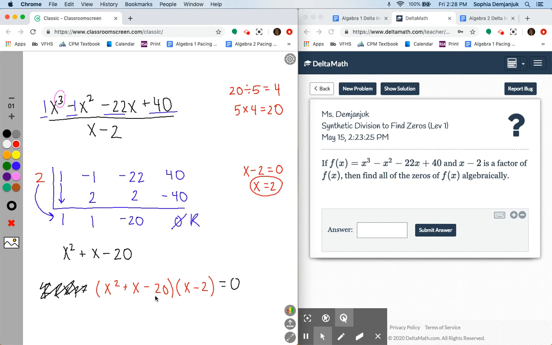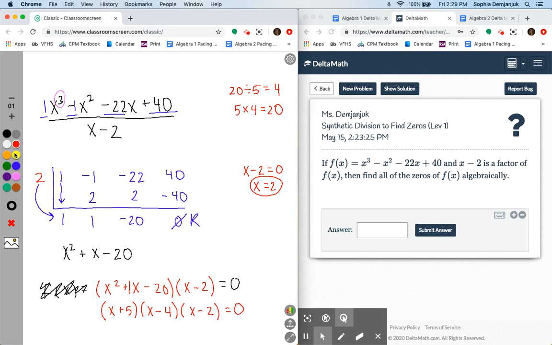So I'm thinking of what multiplies to -20 and what adds to a positive 1. What multiplies to a -20 and adds to positive 1, that's x plus 5, x minus 4. 5 times -4 gives me -20. 5 plus -4 gives me positive 1. And I'm going to bring this x minus 2 down.